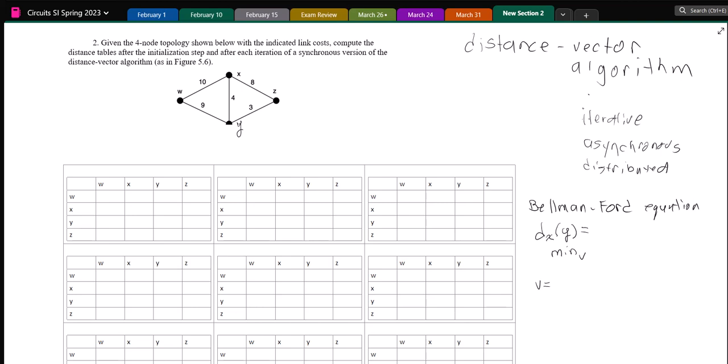So V is a set of directly attached neighbors.